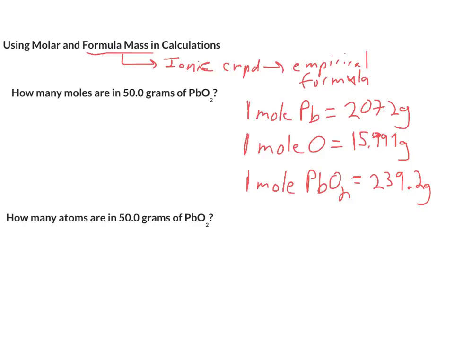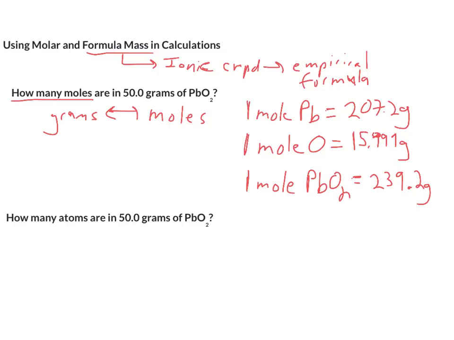So conversions, going from grams to moles. The question is asking for how many moles. From the previous slide, we know that the tool that allows us to go from grams to moles, sorry about that, background noise, the tool that we use to go from grams to moles is the molar mass, which we've just calculated.